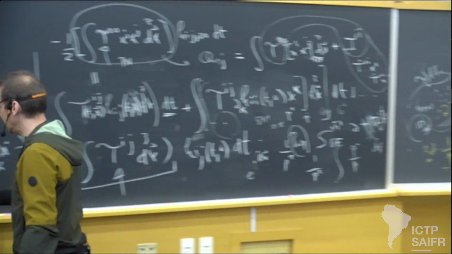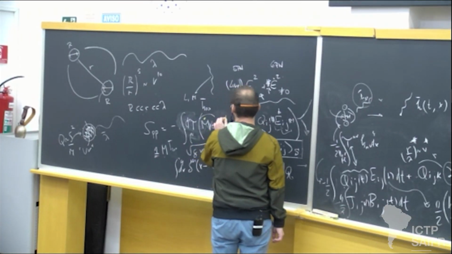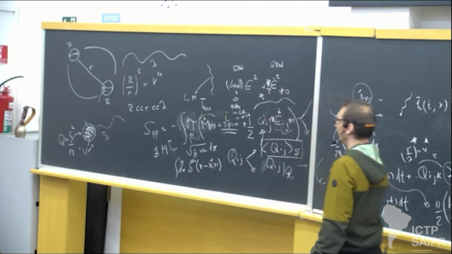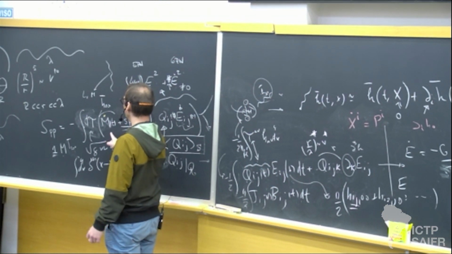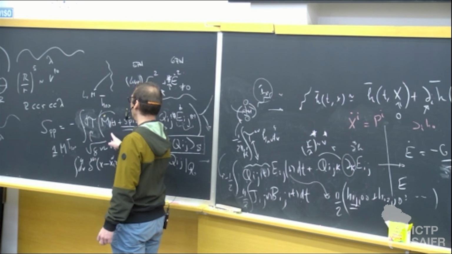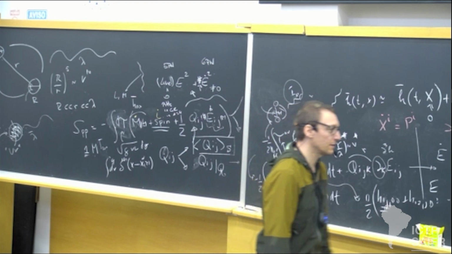Yeah. And that's why it's important here that these M's are not conserved. These are dots. These are sometimes called the Bondi charges. Because otherwise, if this were constant, then you would never radiate.